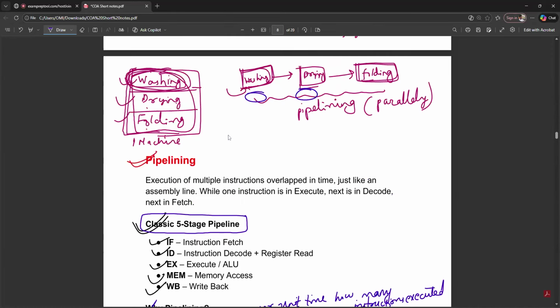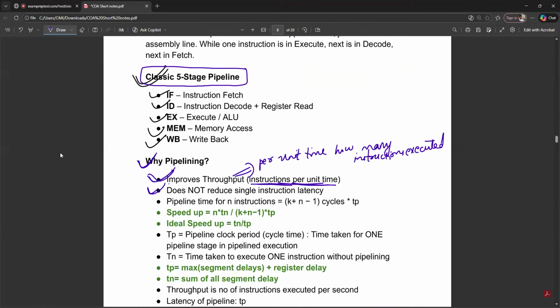Because if you have only a single instruction, it will take washing time plus drying time plus folding time in the pipeline. In the non-pipeline also it is the same time, washing plus drying plus folding. So you are not improving anything if you have a single instruction.